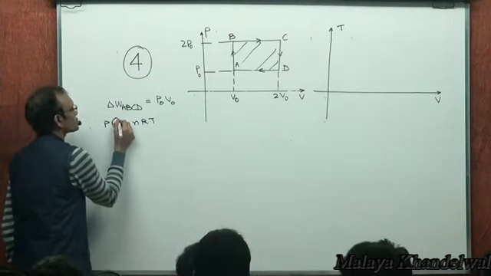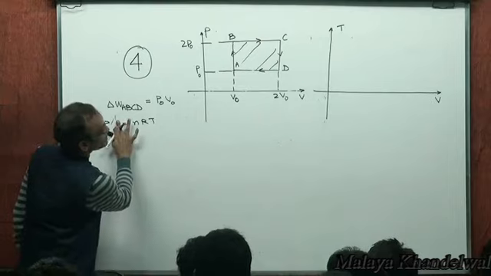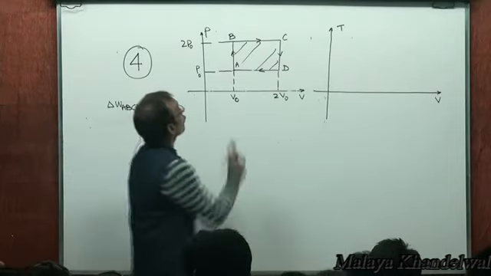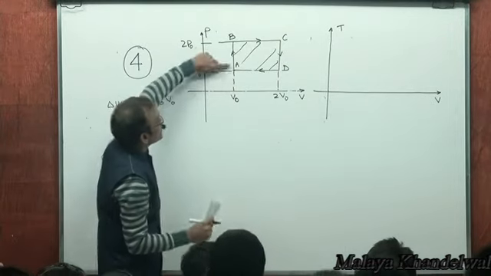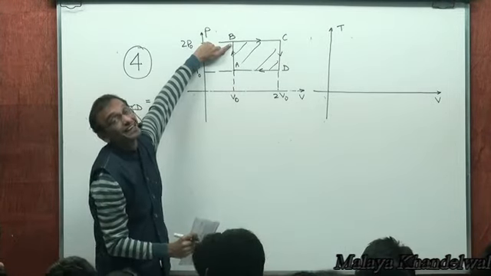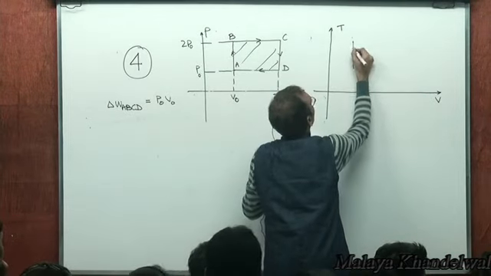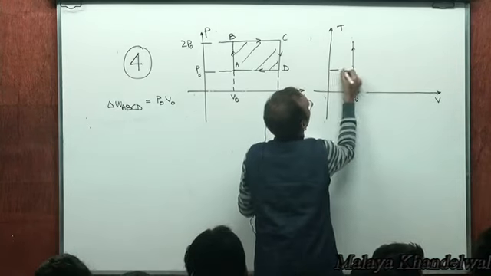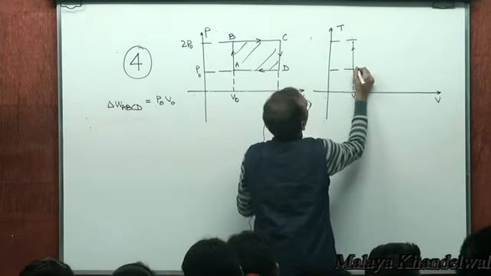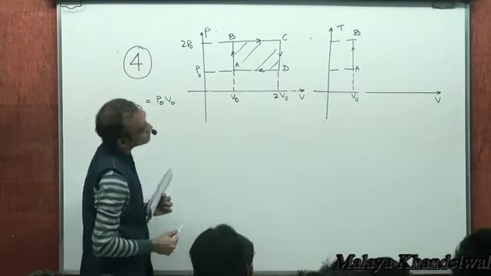If V remains constant, okay, V is constant in this case, right? So this A to B is a constant volume process in which pressure is increasing, therefore temperature will increase. I go from state A to state B with increasing temperature, right?